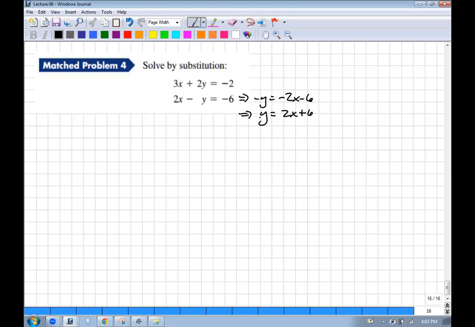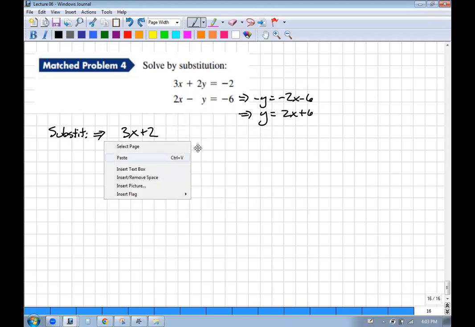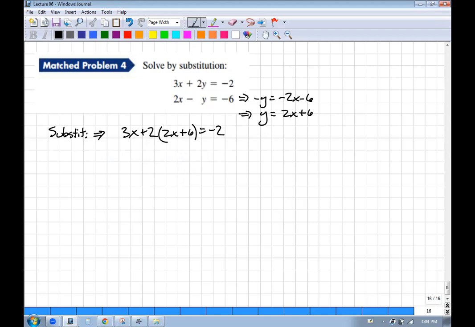Now I'm going to take this, and I'm going to replace that with that. So substituting, I get 3x plus 2, replace the y with this, and that's equal to minus 2. There we go.